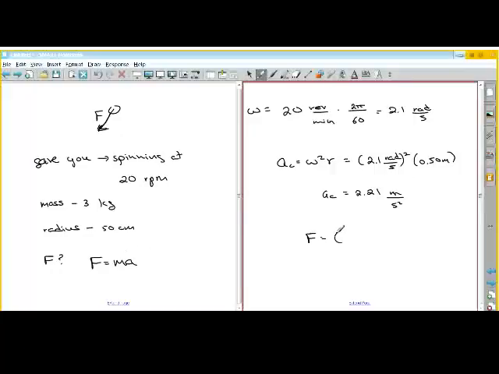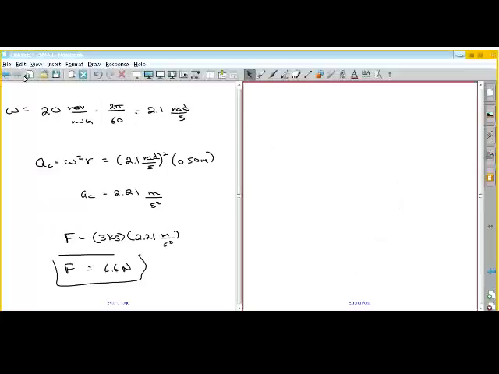Okay. Then all you have to do is apply this to find the tension of the rope. It's the mass, which is 3 kilograms, times the centripetal acceleration, 2.21 meters per second squared. So you take 2.21 and multiply by 3 kilograms, and you get a force of 6.6 newtons. So those are the kind of things that you might have beyond planets.